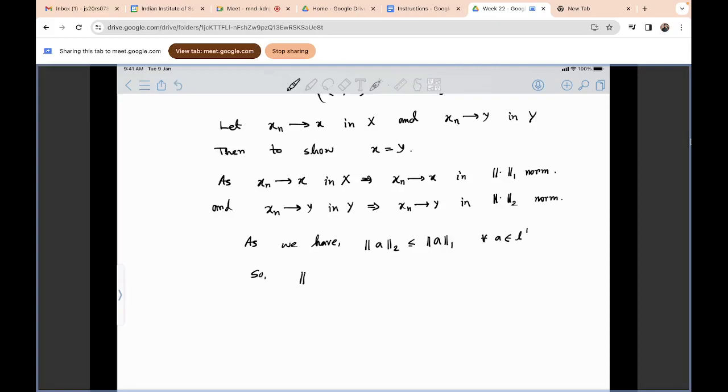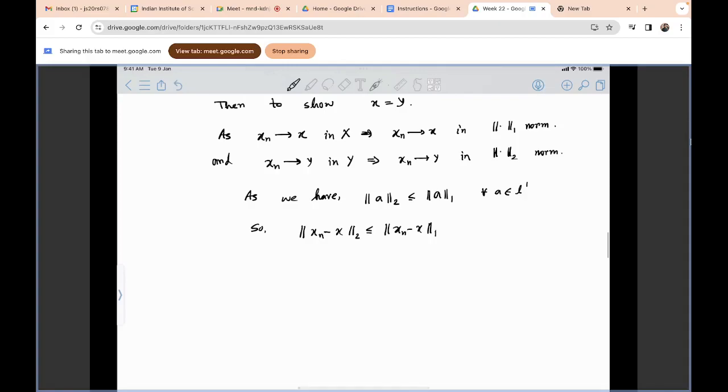So the L2 norm of xn minus x is less than the L1 norm of xn minus x. And as this converges to 0 in L1, xn converges to x in the L2 norm also.